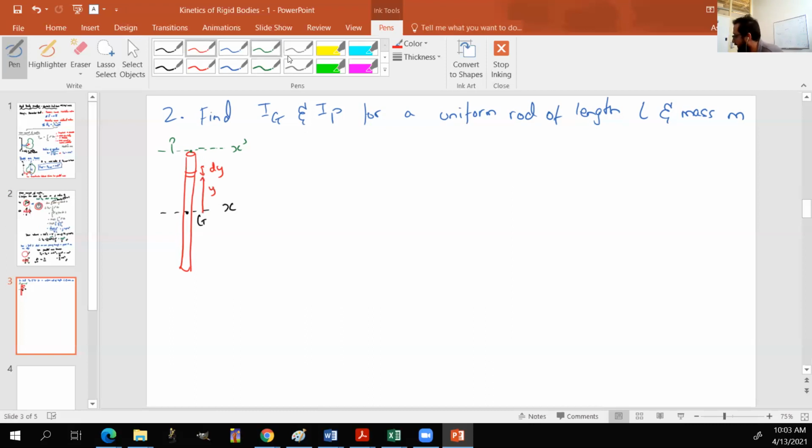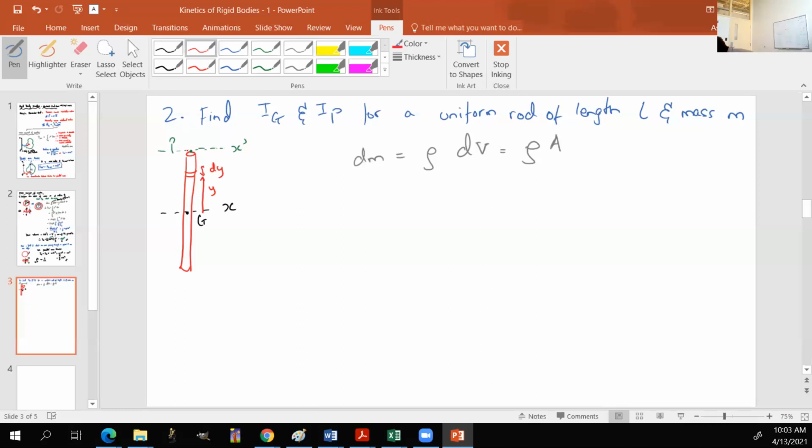All right, so for this case, dm, again, is the same thing, density times the differential volume. Because it's a uniform rod, it's going to have a constant cross-sectional area. So let's call the cross-sectional area big A, right?